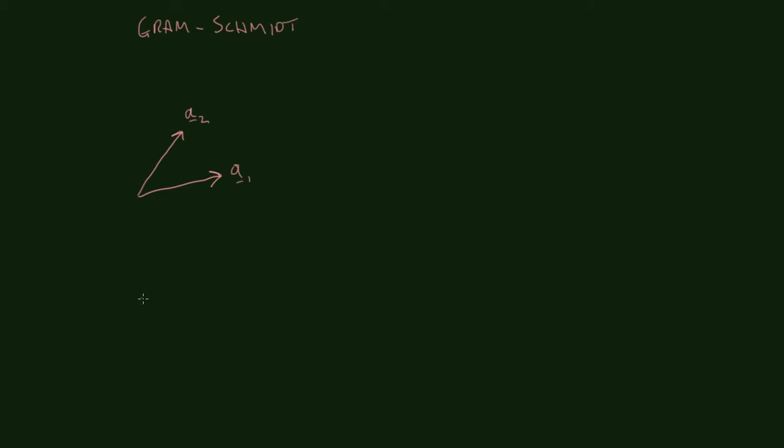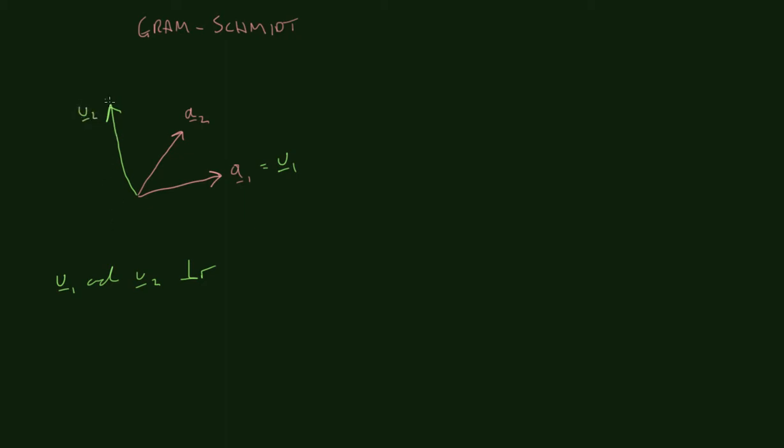Let's call them U1 and U2, which need to be perpendicular to each other. First, we can let A1 equal U1. That's our first vector, easy enough. Now I want a vector in the same span which is perpendicular to A1, and I'm going to call this U2.